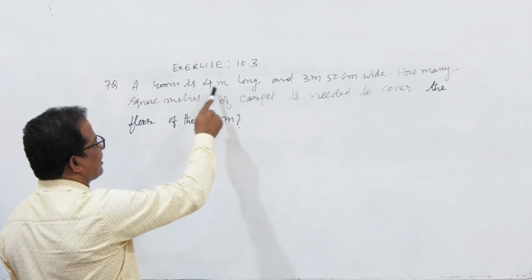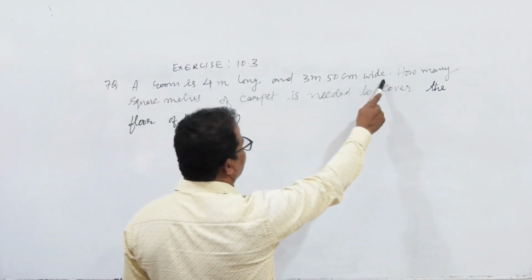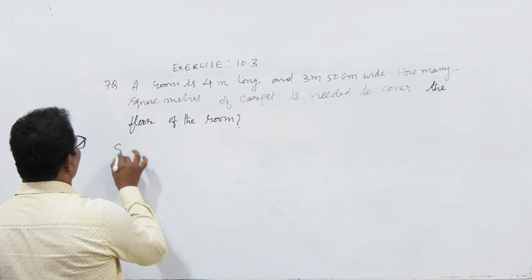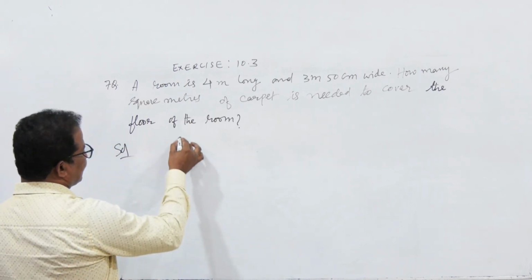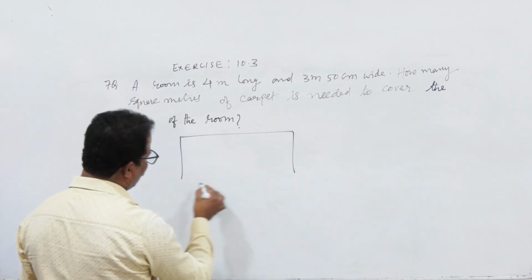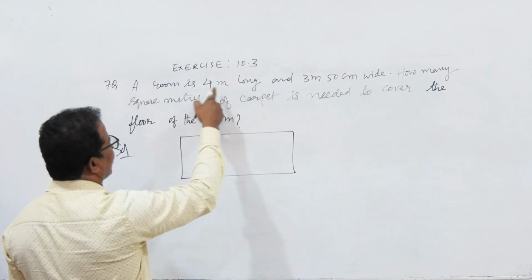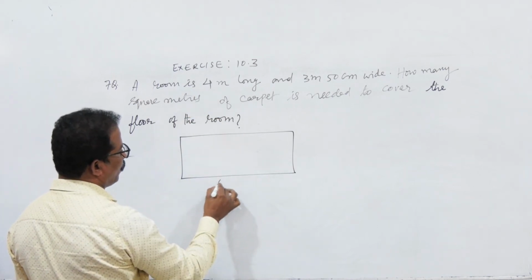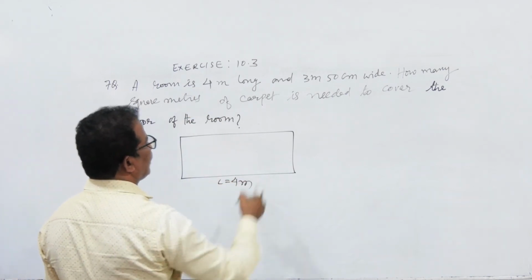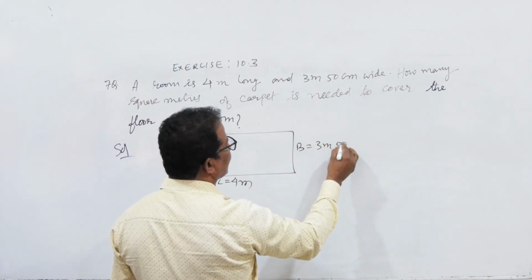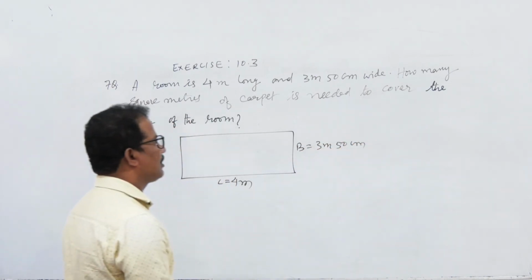Because long, that is length, is 4 meters, and wide means breadth is 3 meters 50 centimeters. So in this, what is the length of this floor? That is 4 meters, and the breadth here is how much? 3 meters 50 centimeters. Understand?